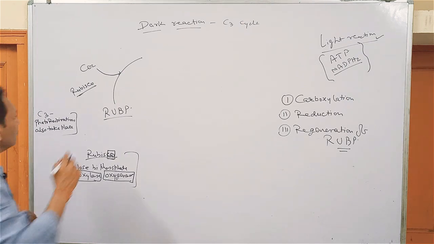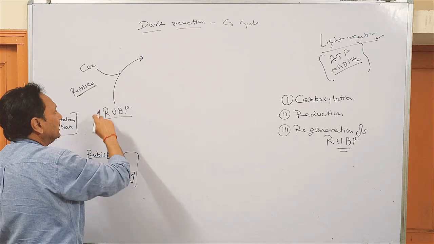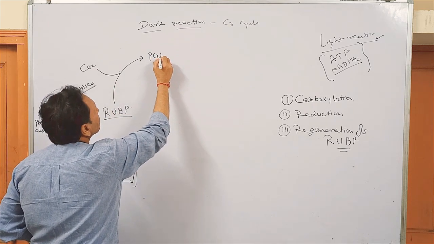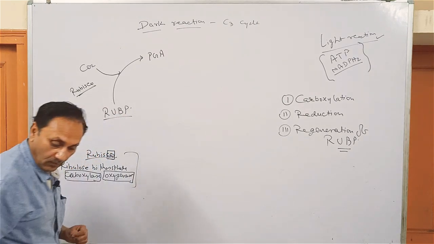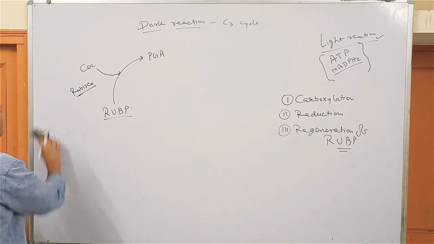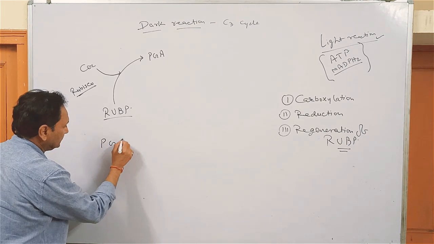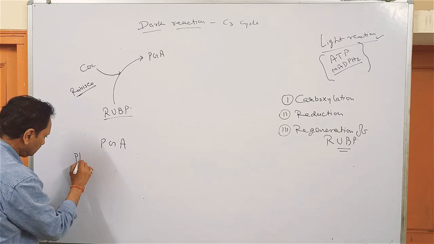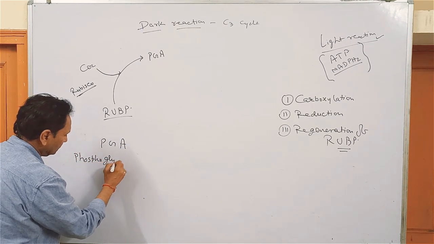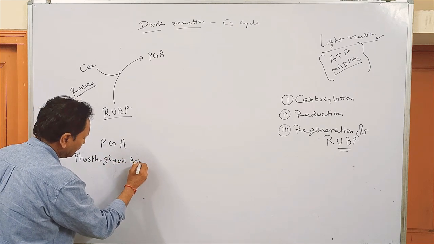Okay, now after getting this carbon dioxide, it converts into PGA. Now, what is the full form of PGA? Phosphoglyceric acid.